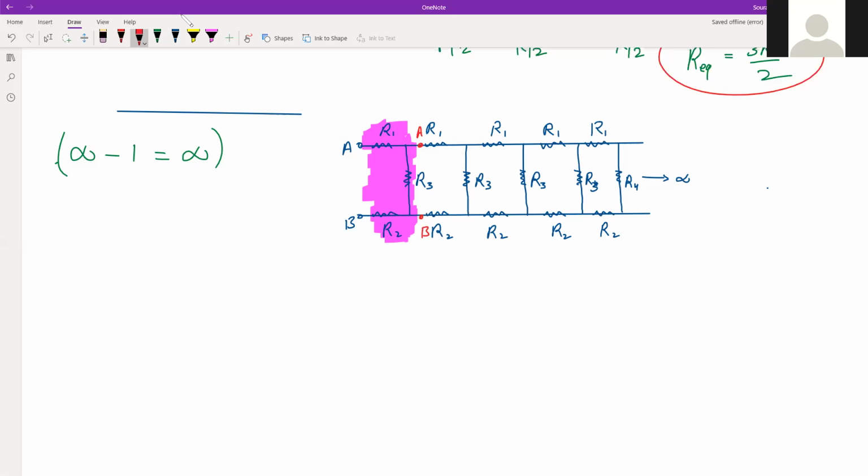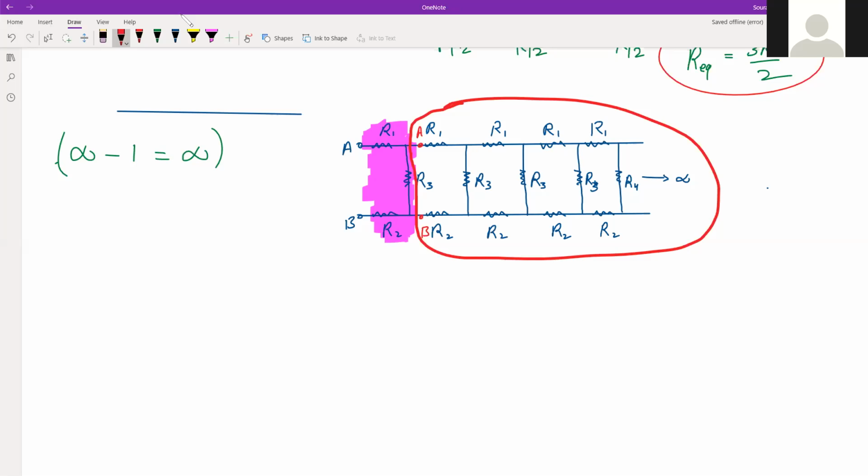Because from this infinite ladder, I have just removed one portion of the ladder, which is repeating itself again and again. So that means this section is still the same as it was earlier. This is the R infinity which we have to find, or RAB.